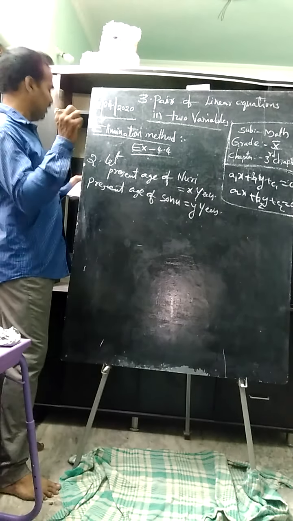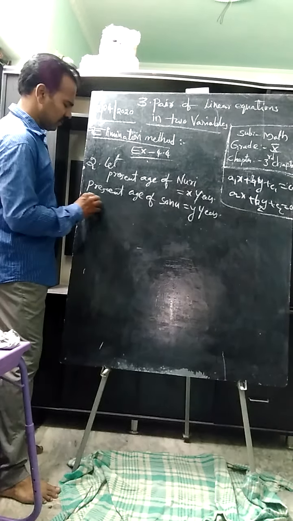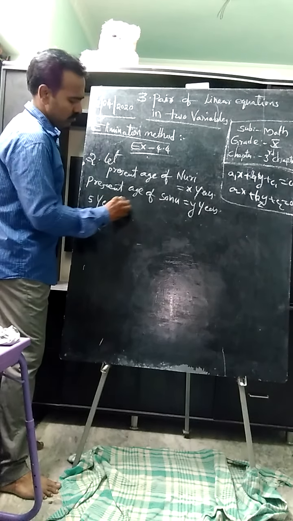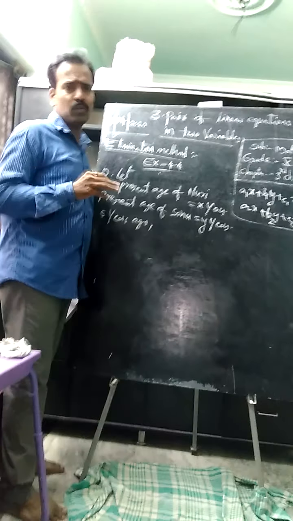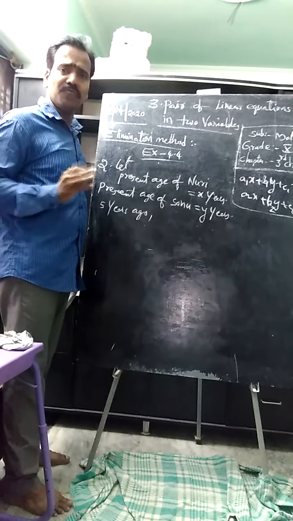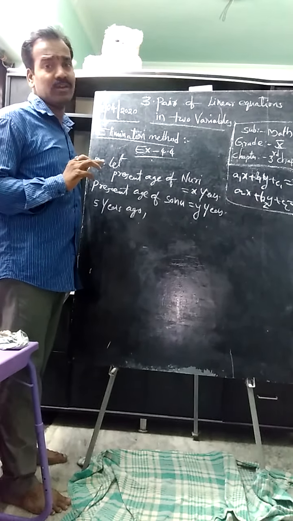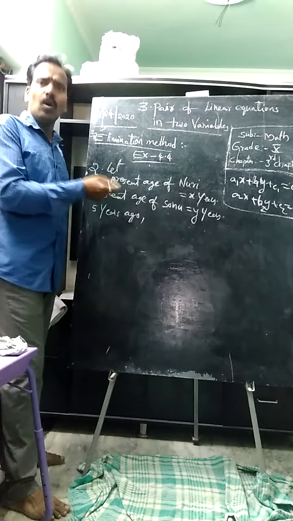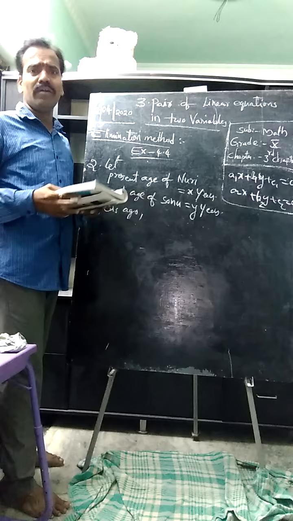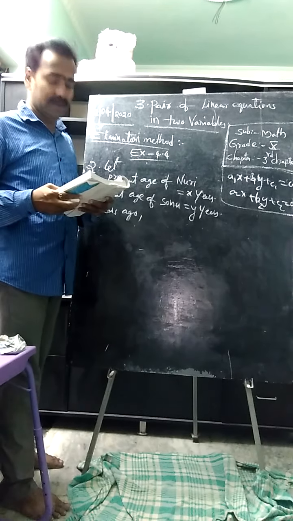But the first condition is given, students, 5 years ago. Apply it to your regular life. Suppose a student's age is 15 years as of now. 5 years ago, what will be that student's age? Yes, 15 minus 5, 10. Similarly, here we don't know, it is unknown. That is why for unknown quantities we take variables like x and y.